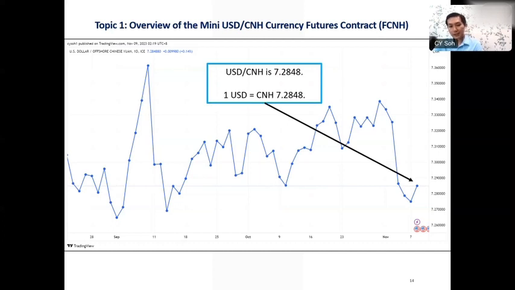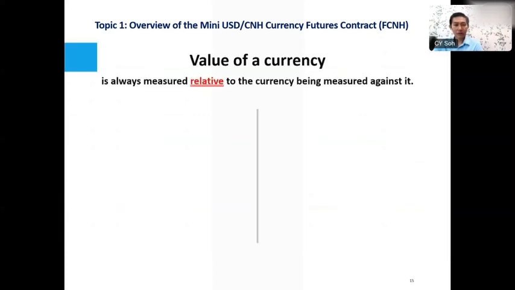So the next thing is, what does it mean by the value of a currency? Of course, the value of currency is not measured in absolute terms. The value of currency is always measured relative to the currency that it is being measured against.